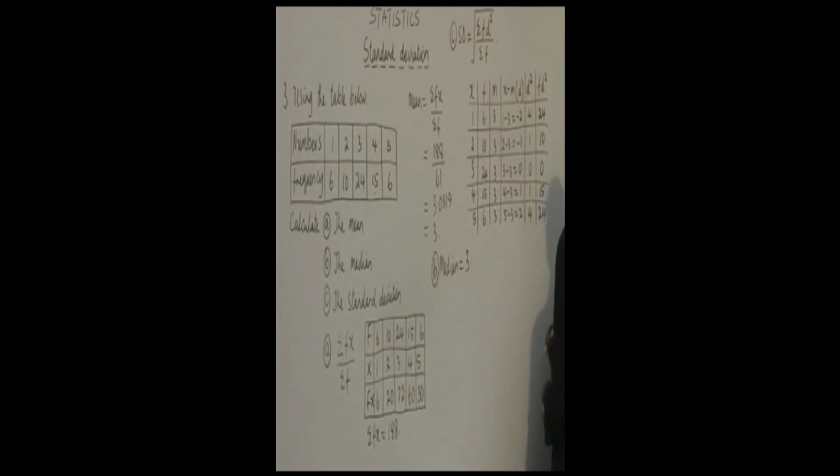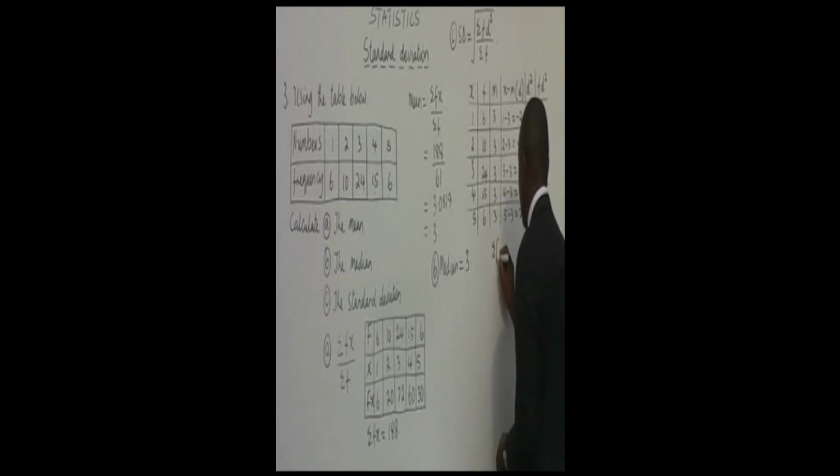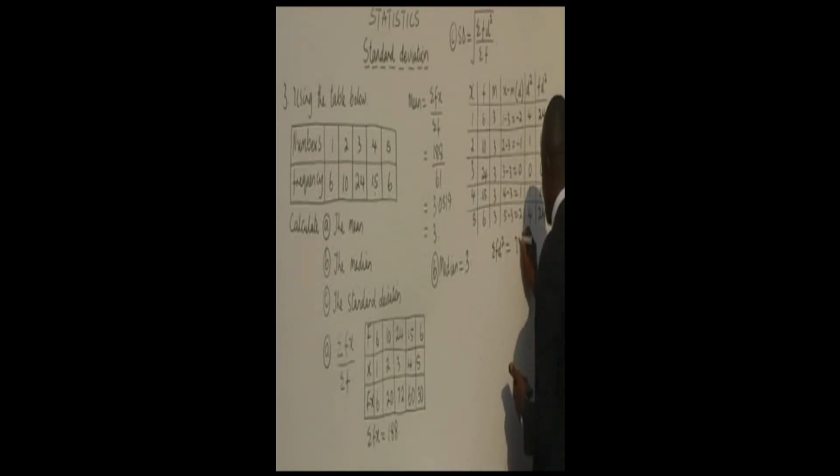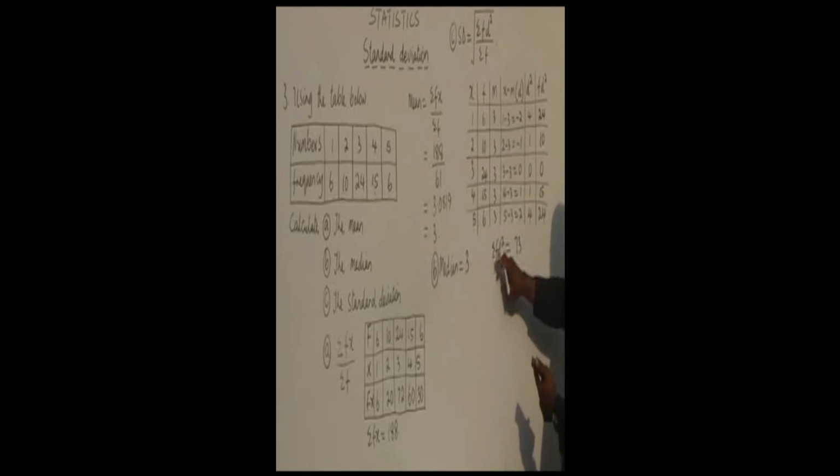Now, by the time you add this FD squared together, what it will give you is the sum of FD squared. And it's going to give us 24 plus 10 is 34. Plus 15 will give you 49. 49 plus 24, 73. So we have 73 as the value of sum of FD squared.